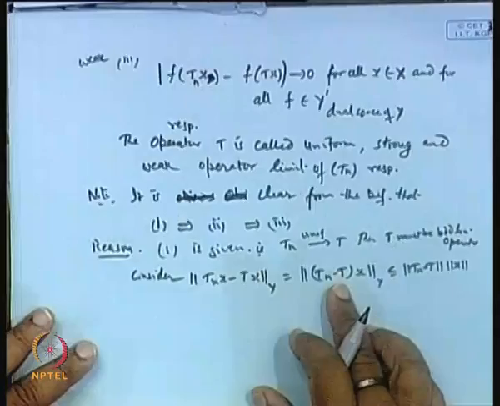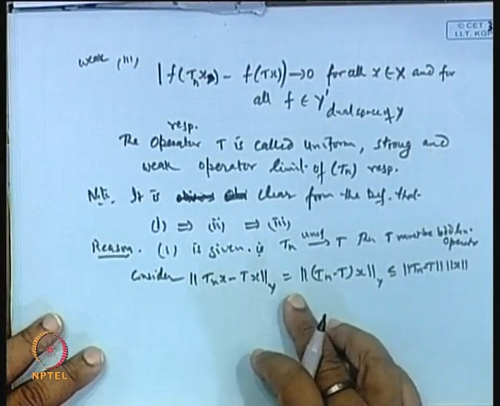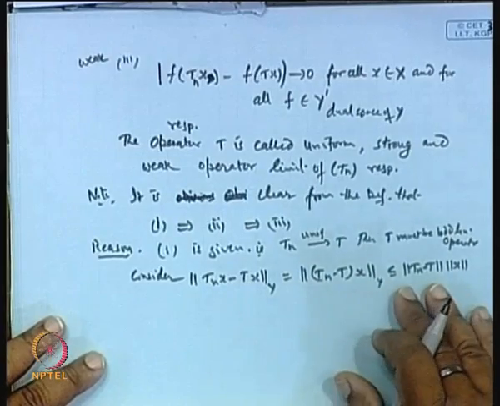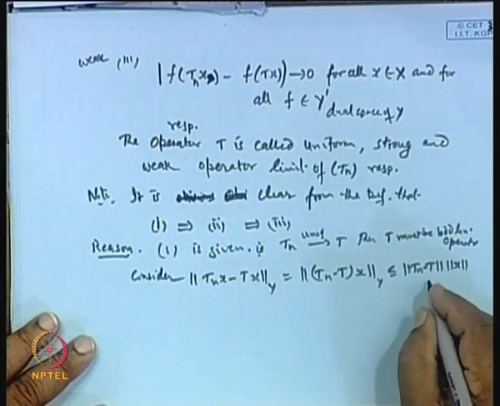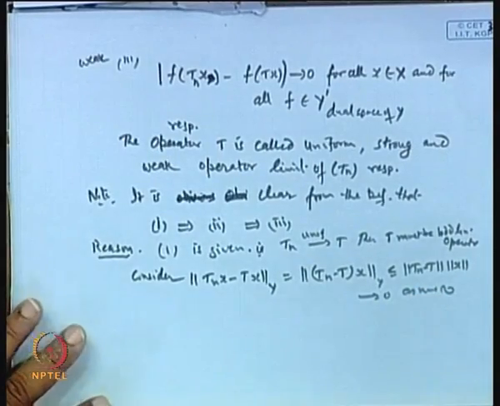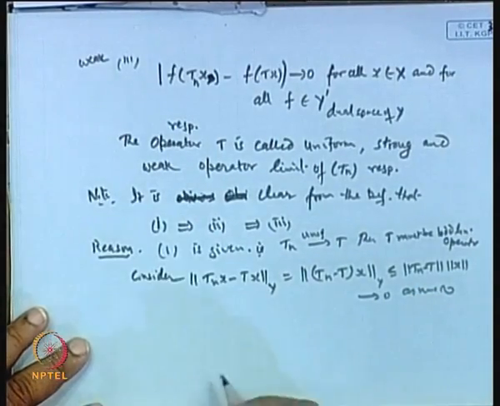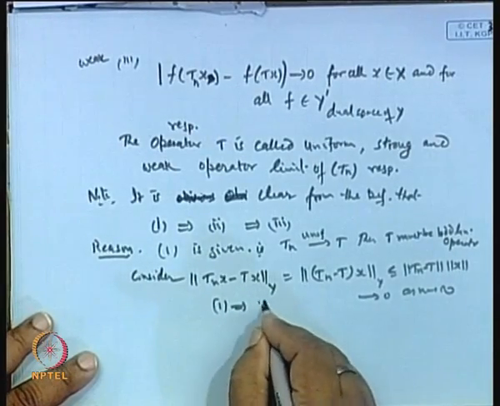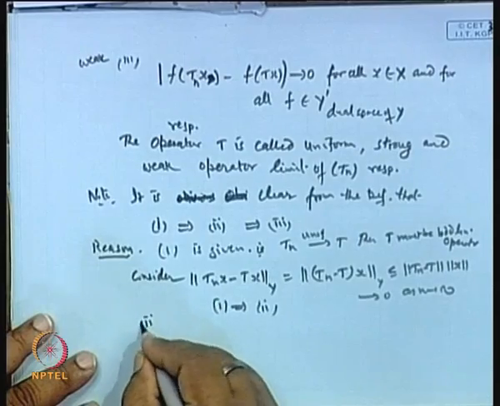So, if T_n converges in norm to T uniformly, then the limiting point must be a bounded linear operator. Okay. So, T_n minus T becomes bounded, therefore, by definition of a bounded operator, norm of T x is less than or equal to norm T into norm x. Now, this goes to 0 as n tends to infinity, therefore, this will go to 0. So, first implies second.